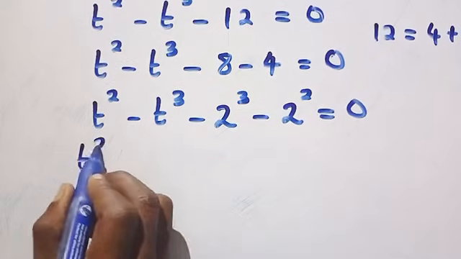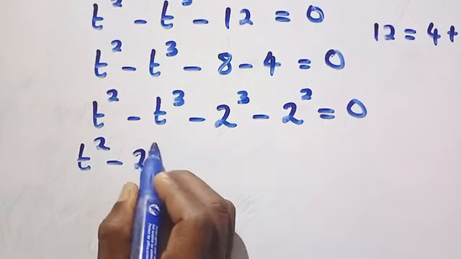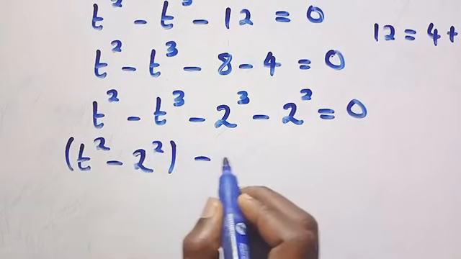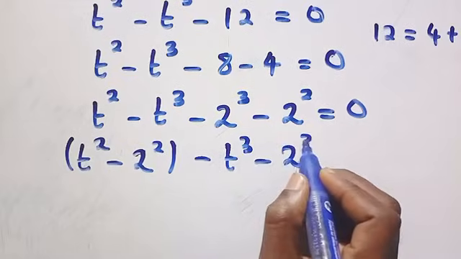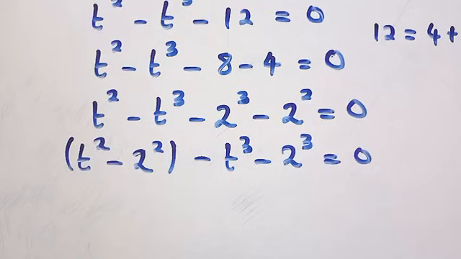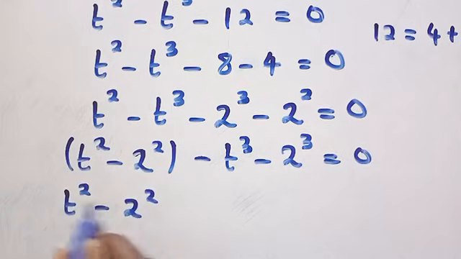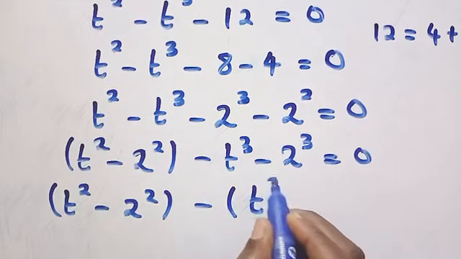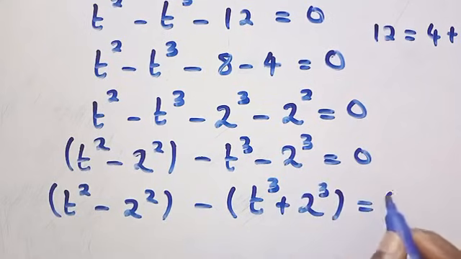So here we have t power 2 minus 2 power of 2 in bracket, and here we take out negative as t power of 3 minus 2 power of 3 equals 0. So when we factor out negative from here, here is t power of 2 minus 2 power 2 in bracket, minus open bracket t power 3 plus 2 power of 3 equals 0.